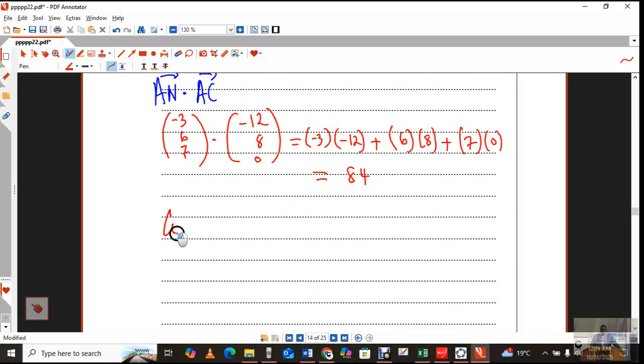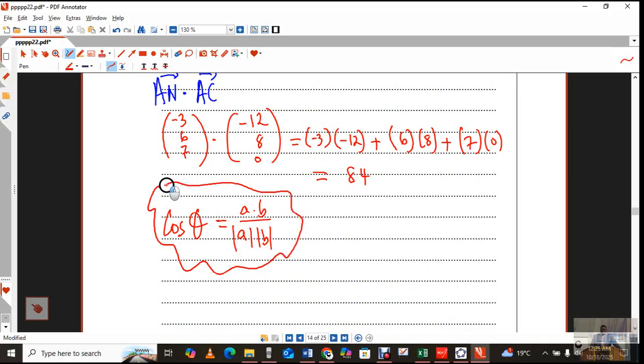So the formula that you use is cos theta is equal to that dot product. In this case, I can say A dotted with B, over the magnitude of A times the magnitude of B. So you do find this in your formula sheet, I believe.